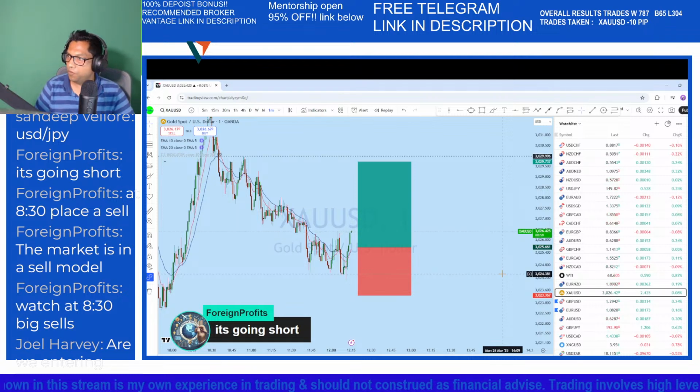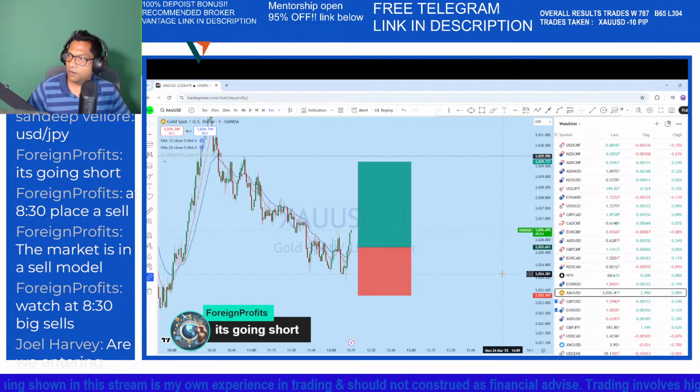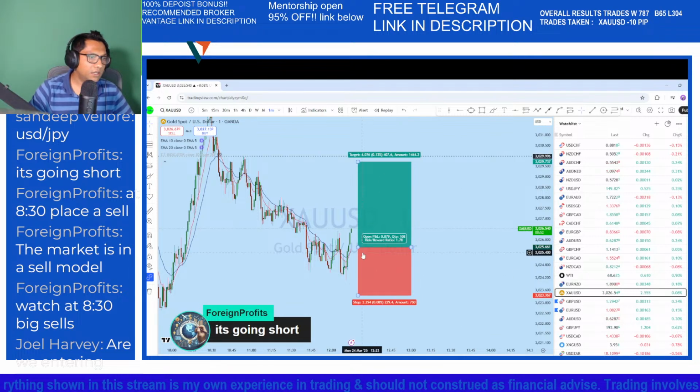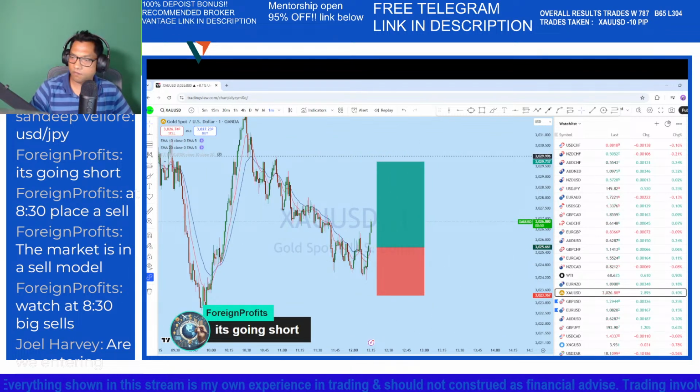Okay, we can see that move, gap open, and we are on the trade. Let's wait to see that bounce. If it bounced, then we could see, boom, big move to the upside here.